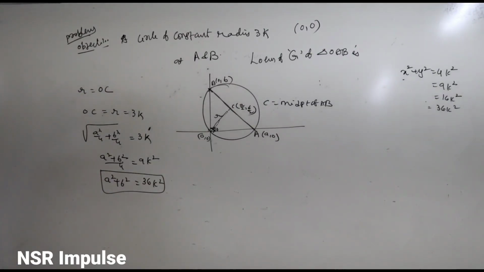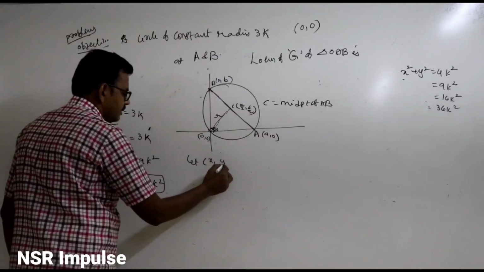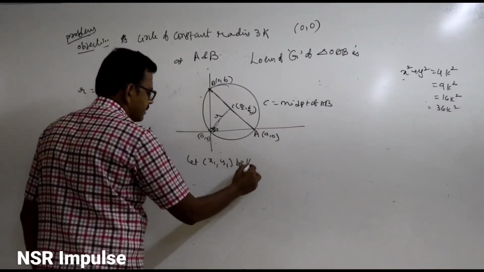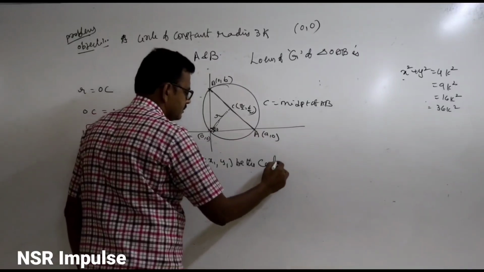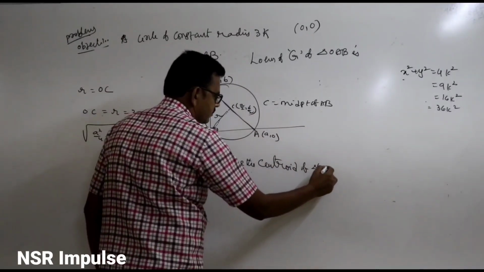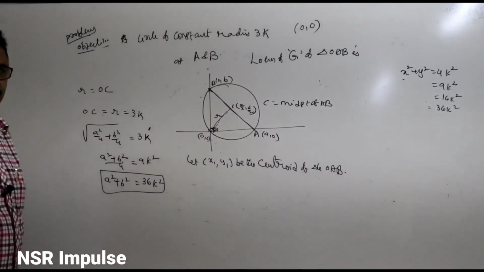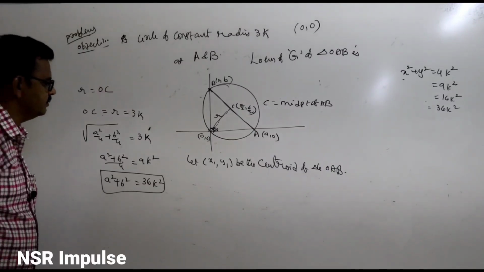Let x1, y1 be the centroid of triangle OAB.